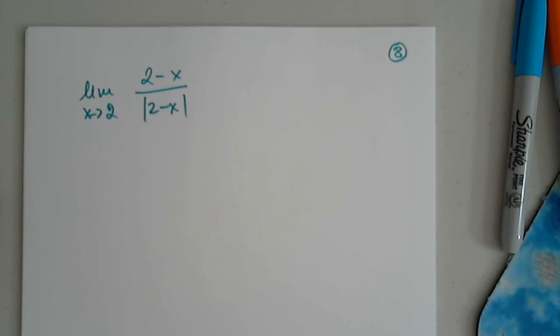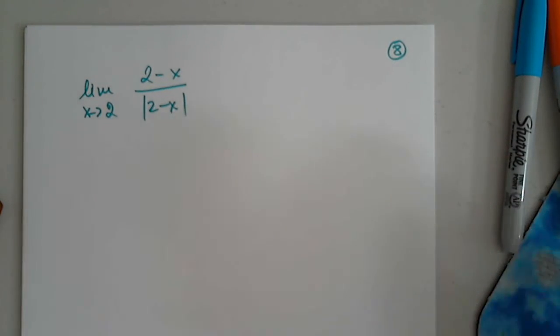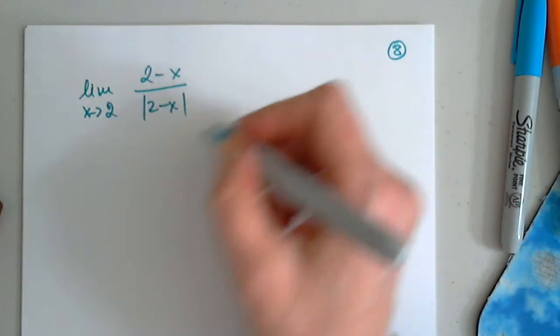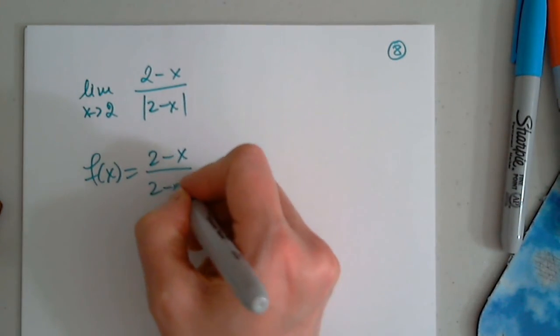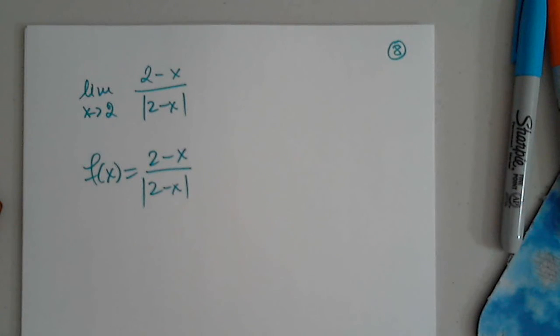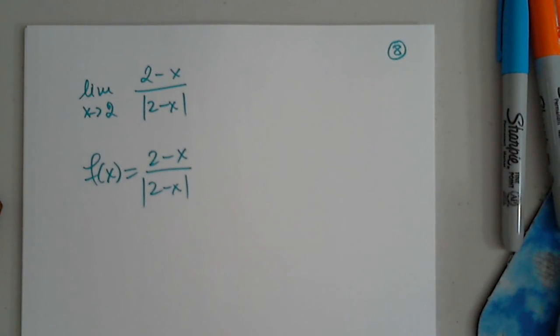Okay, so for this problem, we have to fully simplify the function. The function is 2 minus x over the absolute value of 2 minus x. So can anyone tell us where is the starting point? Two.